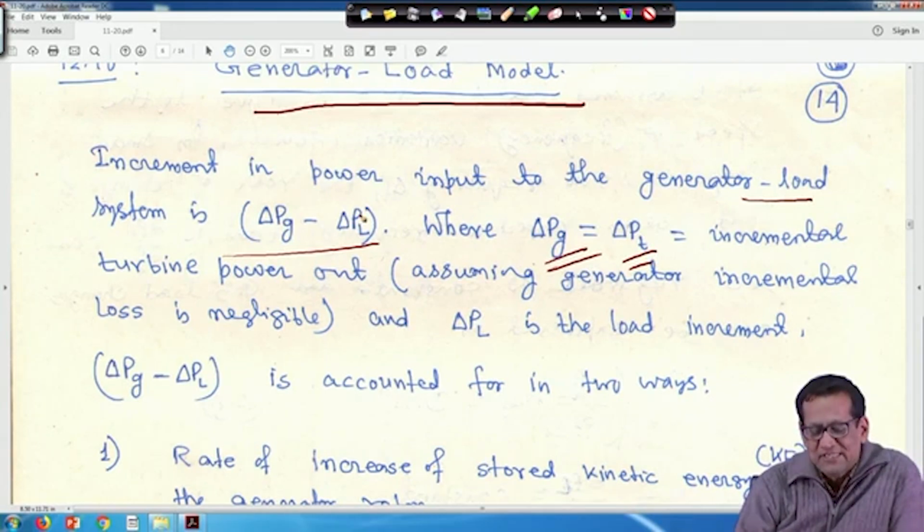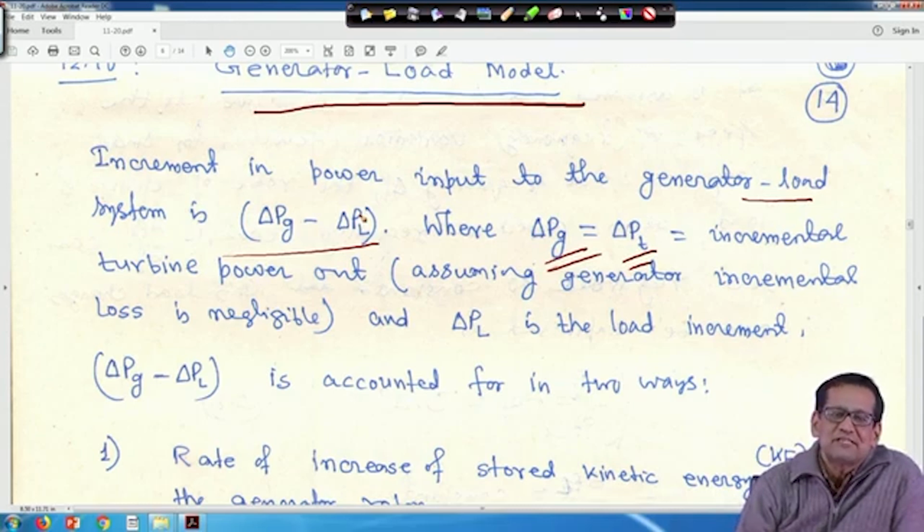Whatever the load changes, generation will try to follow that load. If load increases, generation will try to generate that amount of power. But as soon as you switch on the load, a transient imbalance will happen. It is not the steady state; first we have to see the dynamics.